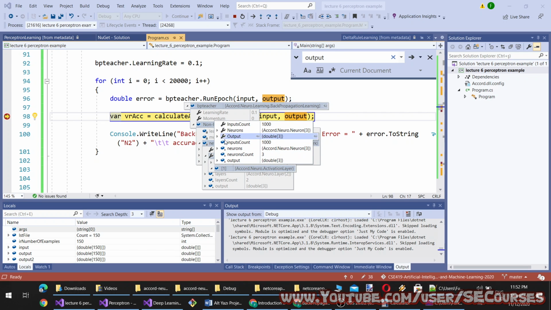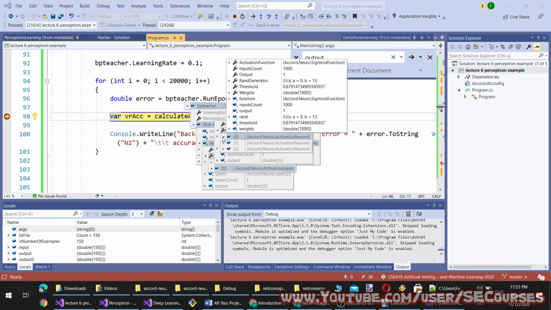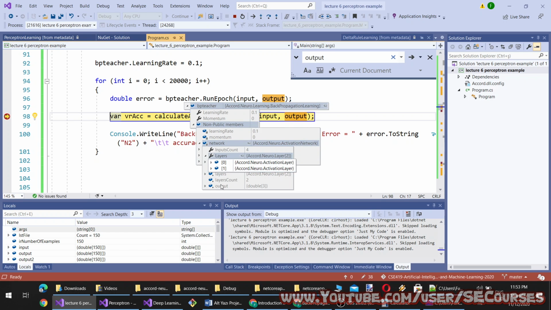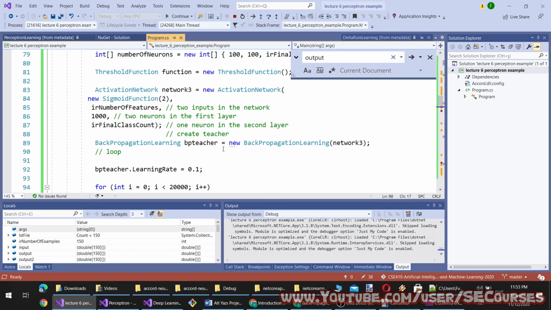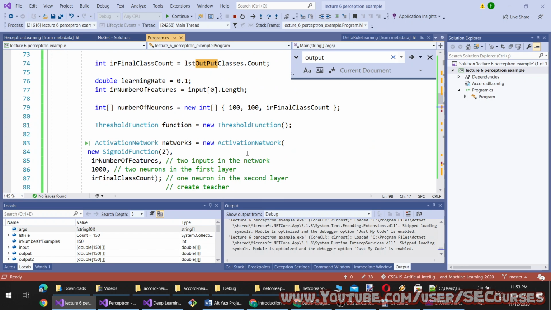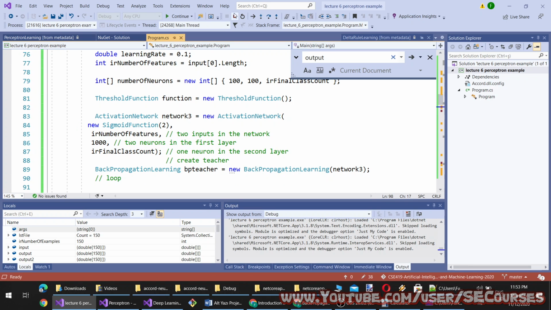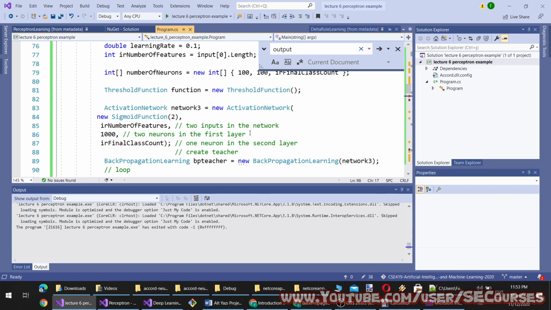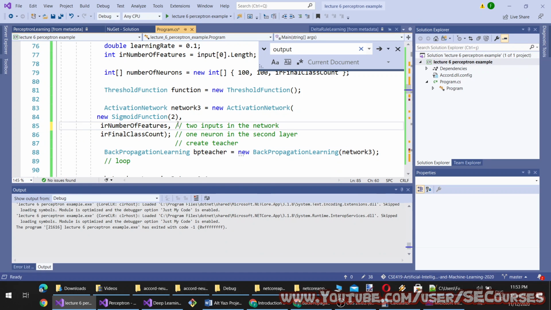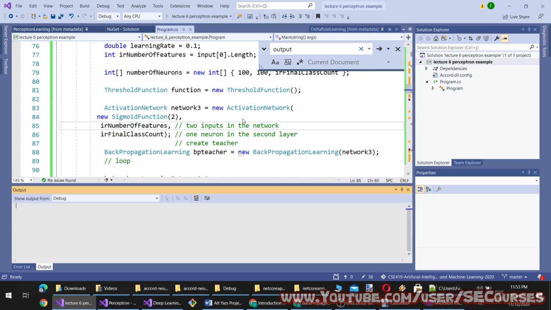And there is second layer. It also has 1000 neurons. Why? If I remove this, what happens? I want to see.